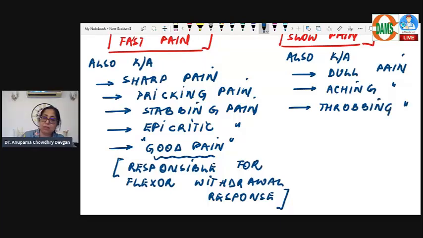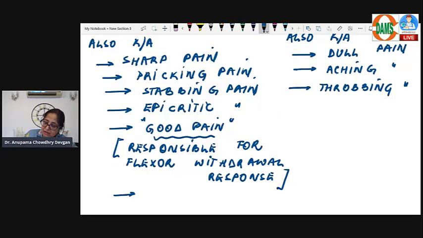Fast pain is a localized pain. It is very well localized pain. One thing which I forgot to add, please remember this is also localized pain, very well localized. So slow pain is dull pain, aching pain, throbbing pain.